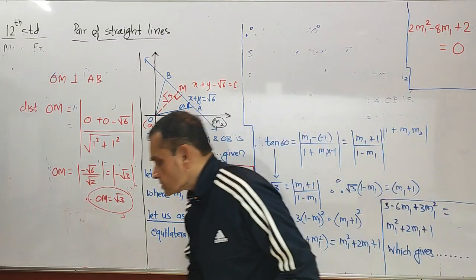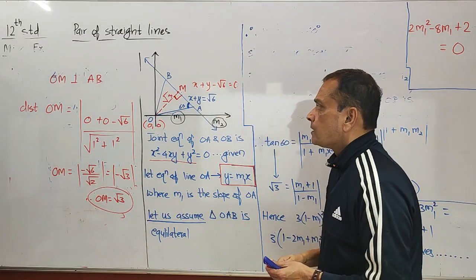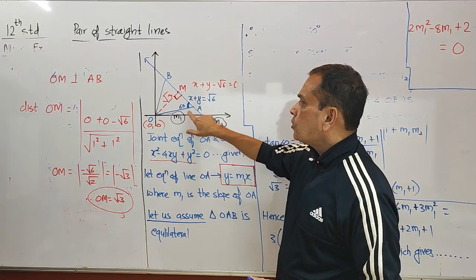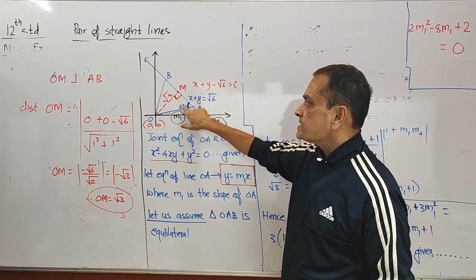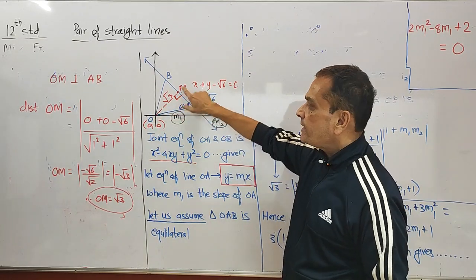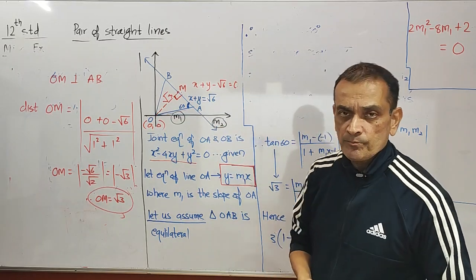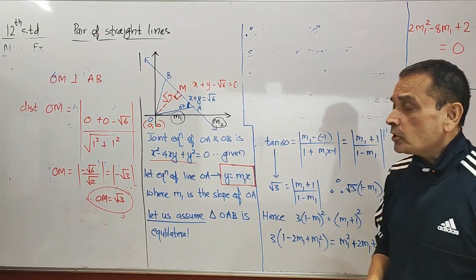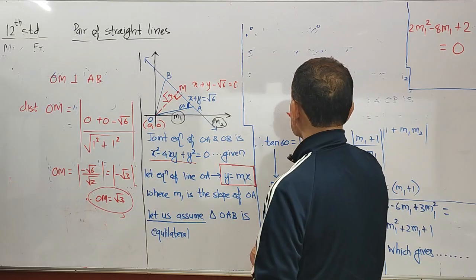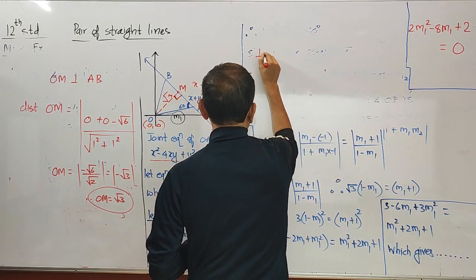Okay, so in triangle OAM, this angle is 60, this is 90 because it is perpendicular. Third angle is 30. So in triangle OAM, I am using 30, 60, 90 triangle theorem.